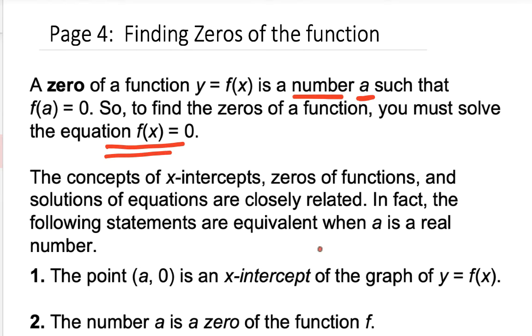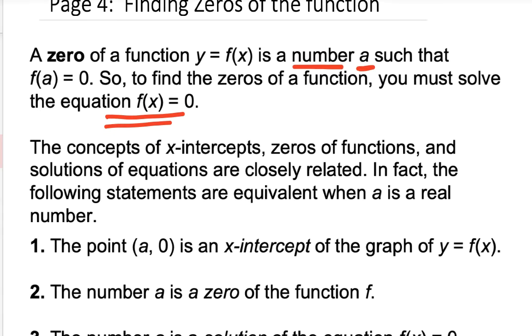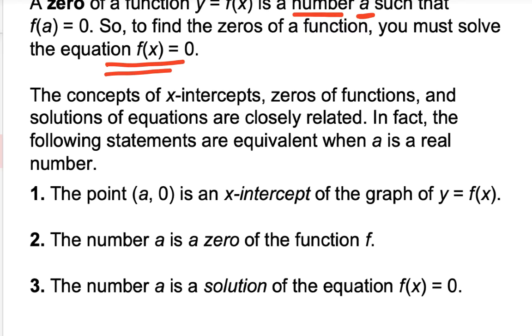Now the intercepts, specifically the x-intercept we just talked about, and zeros of the functions are very closely related. In fact, the statements are equivalent when a is a real number. So let's look at these statements which show the connection of the zeros and the x-intercept. The first one, that the point (a, 0) is an x-intercept of the graph of the function y equals f(x).